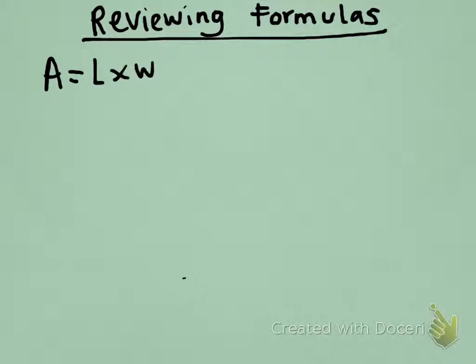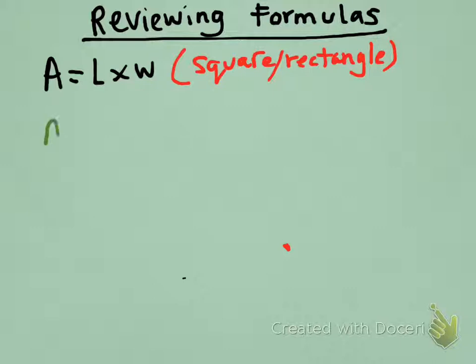We'll put here square or rectangle, this is for your notes. Square, rectangles. And then what we learned today, I'll change colors here, green: area of a parallelogram, and that is base times height.